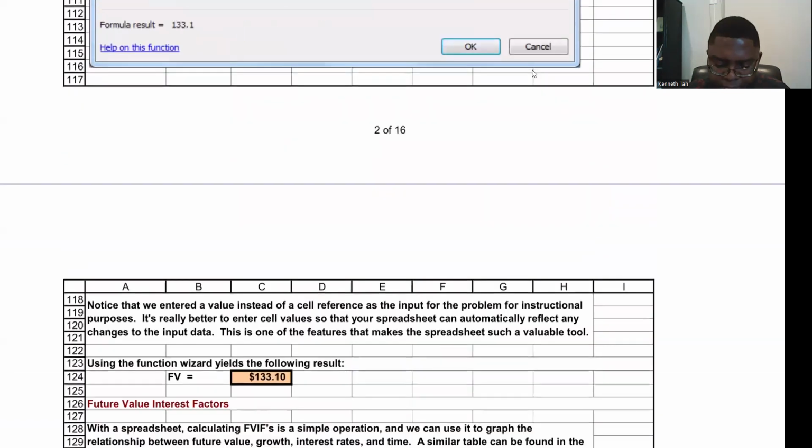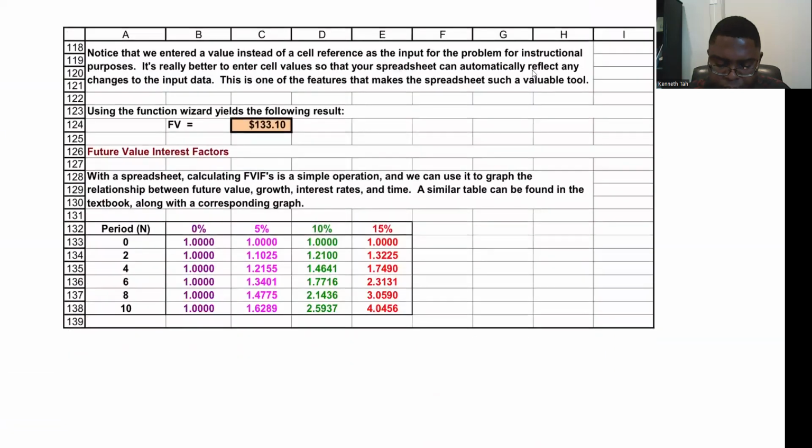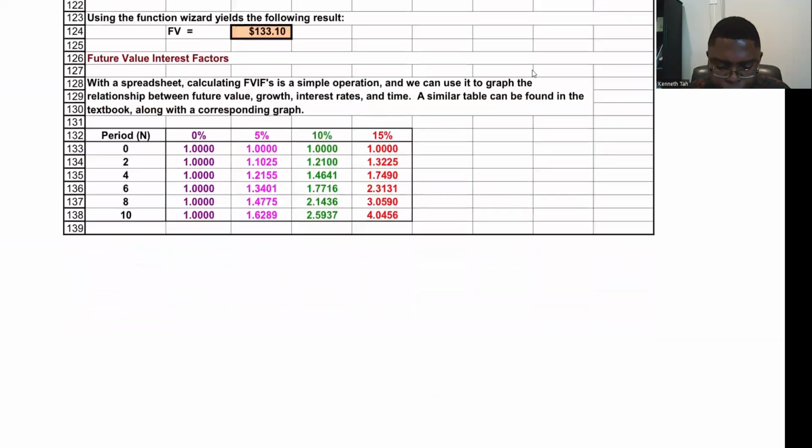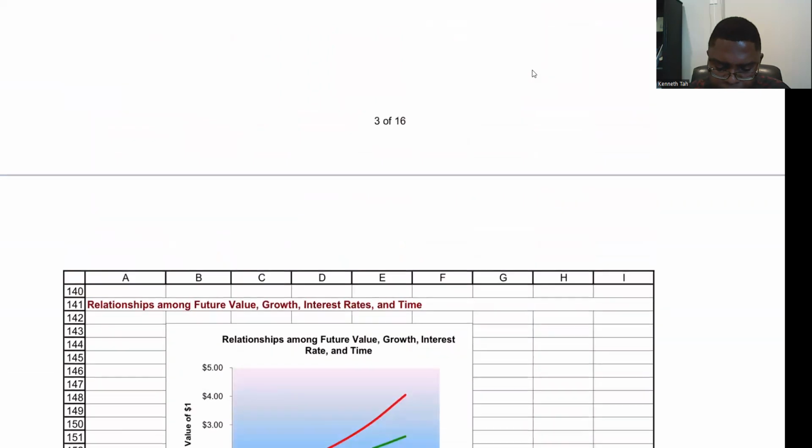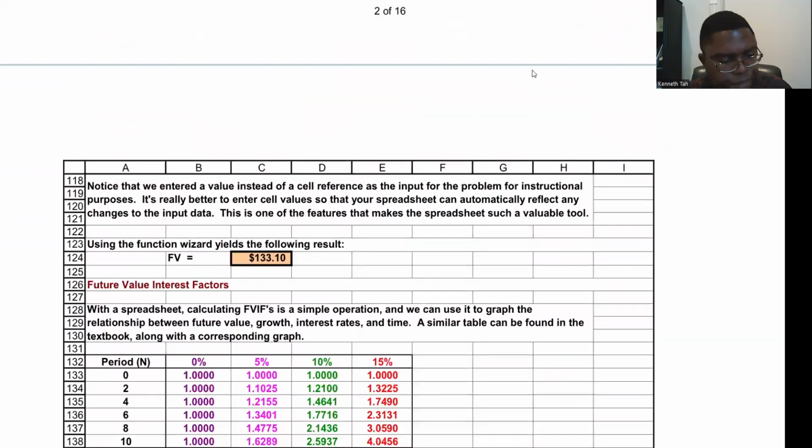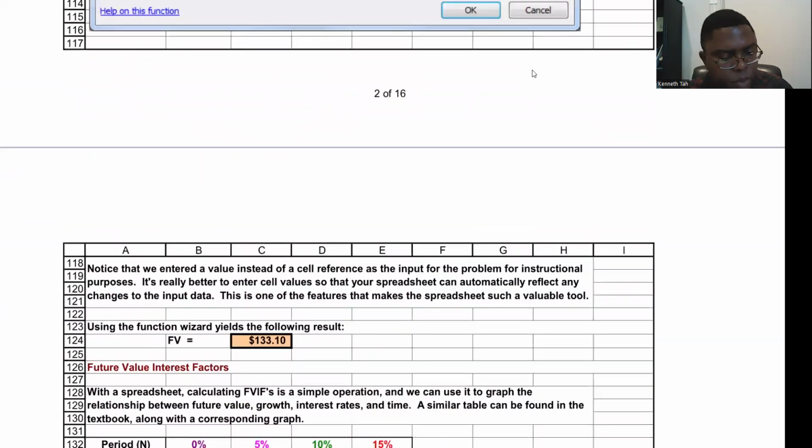So we can try that using the future value wizard on Excel.